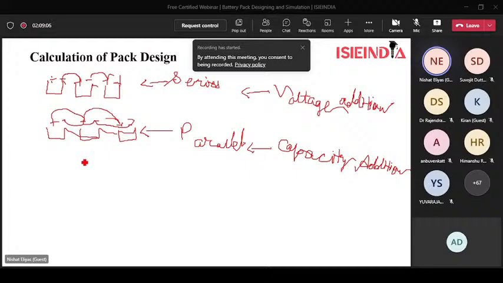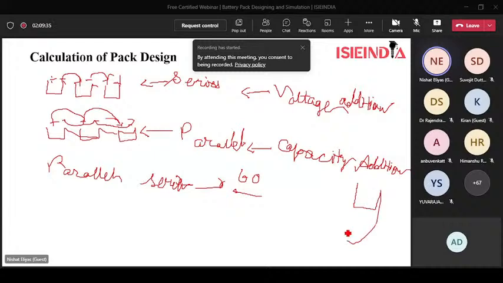So, to check how many cells we will require in parallel and series, in case of the series, the voltage, that is the 60, will be divided by the... before that I need to mention one more thing.